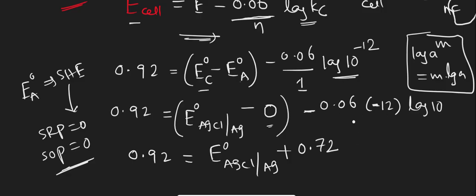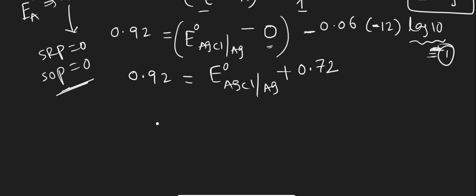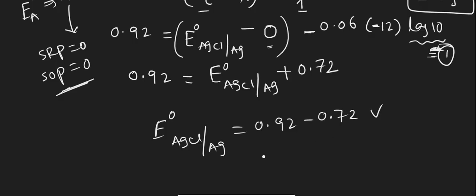So I am multiplying 0.06 into 12 and we get 0.72, and we know that log 10 is 1, right? So 0.72 into 1 remains the same, 0.72. Therefore the silver electrode potential E naught will be 0.92 minus 0.72 volts, right? So the answer will be 0.20 volts.